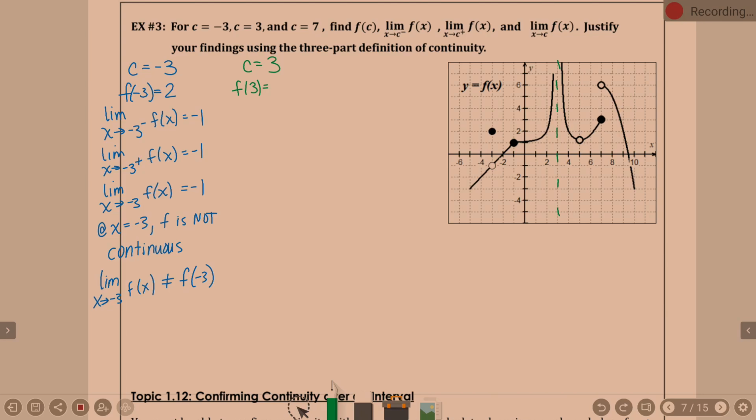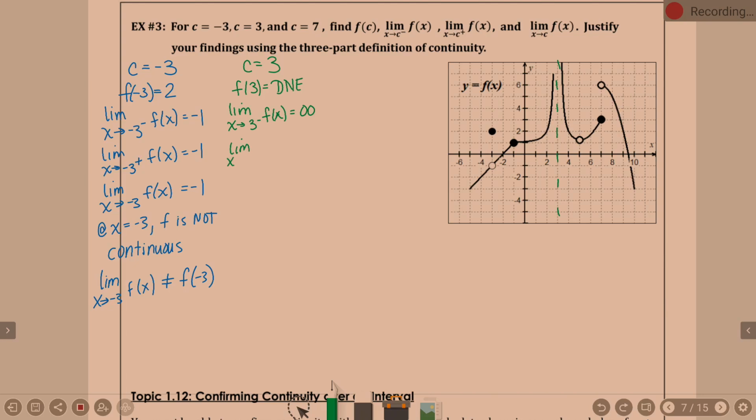There appears to be an asymptote. So we are going to say D and E. The value does not exist. The limit as x approaches 3 from the left of f of x. What's that equal to? As we approach 3 from the left, it's going up to infinity, so positive infinity.